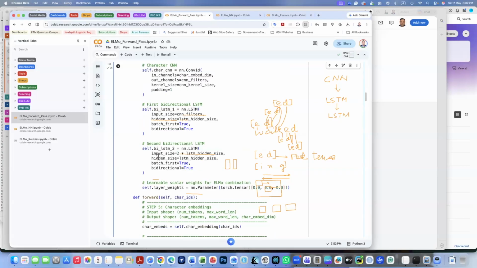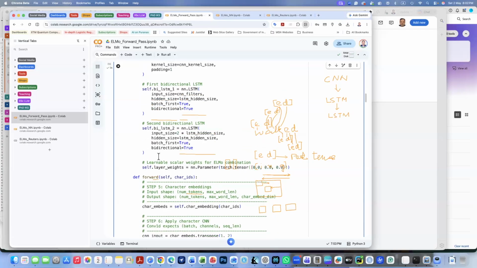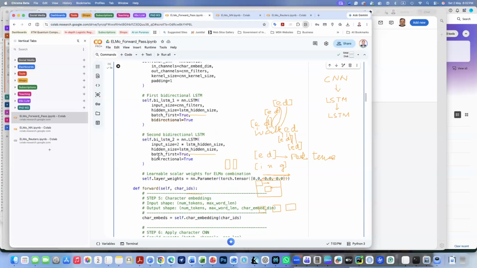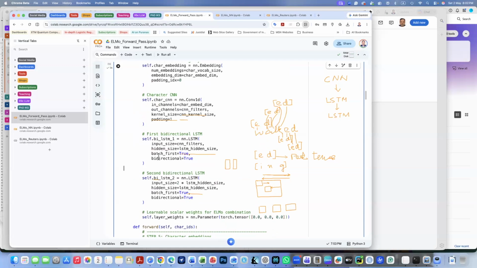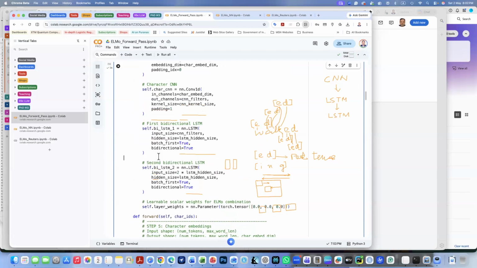But since one LSTM itself is bidirectional, and our corpus is also extensively long, we repeat the same LSTM process twice. I was not able to understand very clearly why we are repeating it twice.